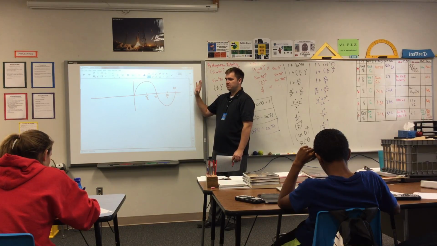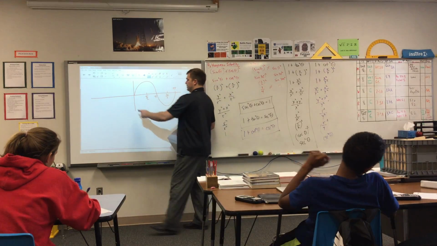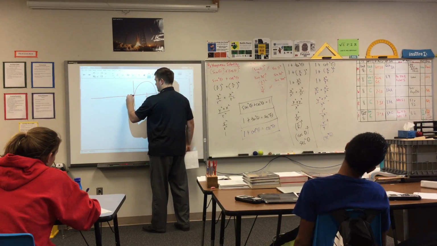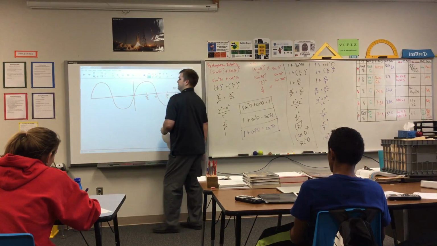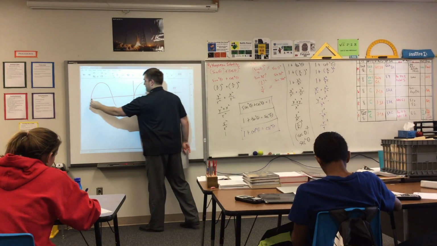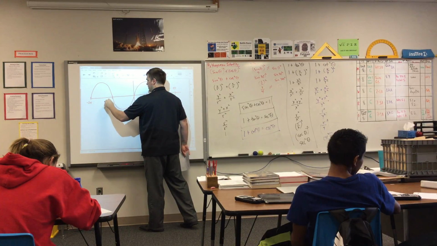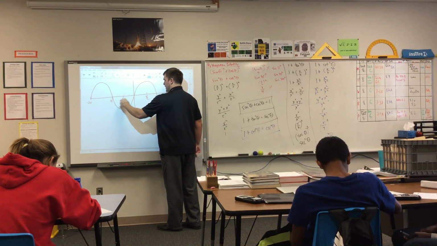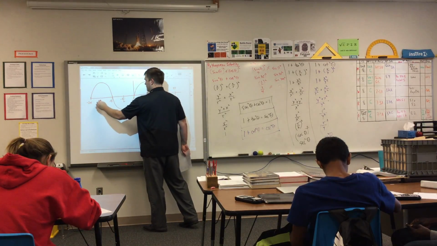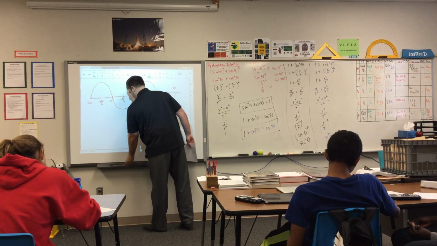What I want to do is see what happens in the negative territory. Y'all can probably imagine, you've seen it before, it just does the same thing like that. We've got negative 2 pi, negative pi, negative pi over 2, negative 3 pi over 2.